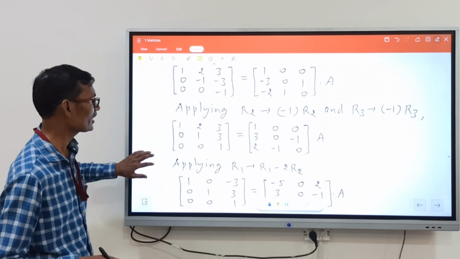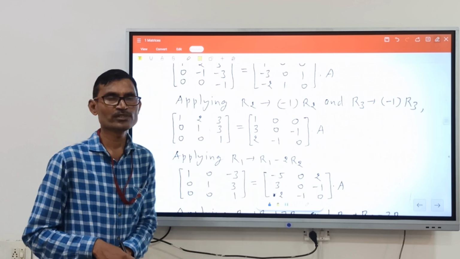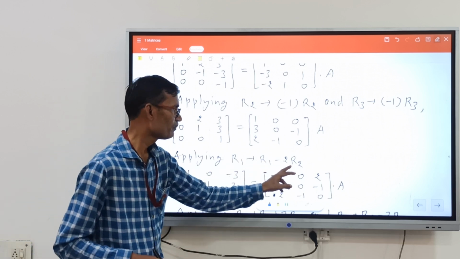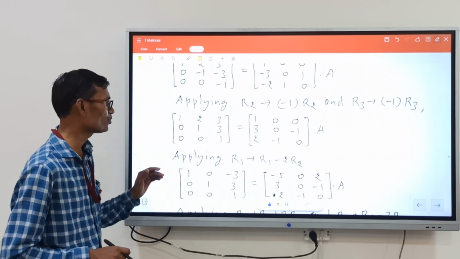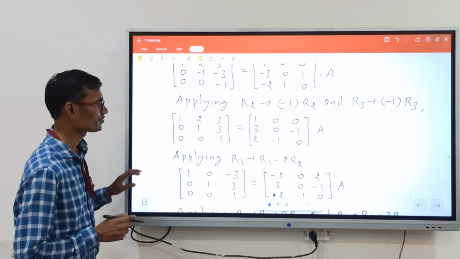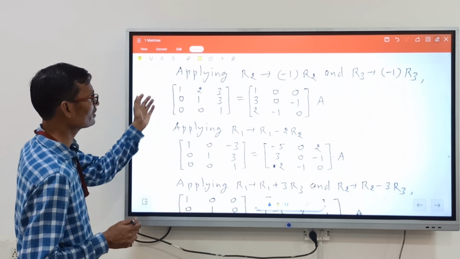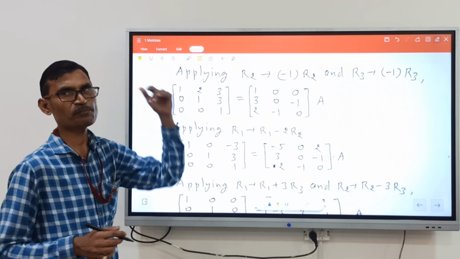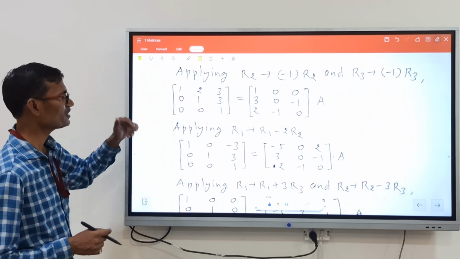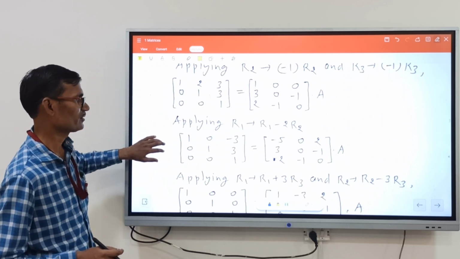So here we are applying the transformation R1 minus 2 R2. It means we will multiply the second row by 2 and then subtract it from the first row. In the same way as in the previous step, it becomes this.